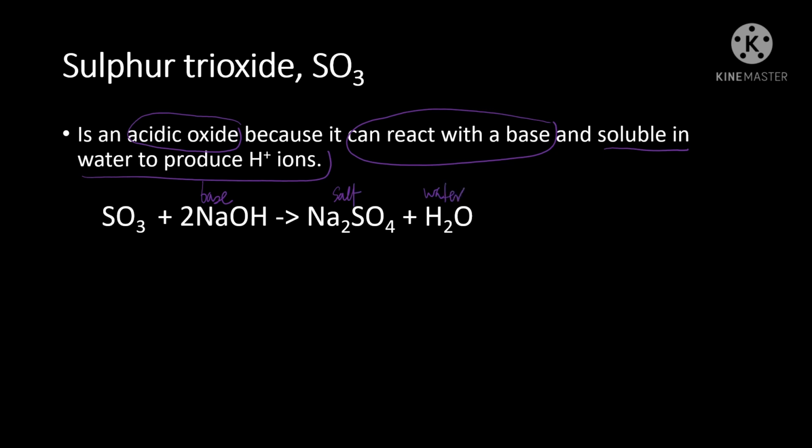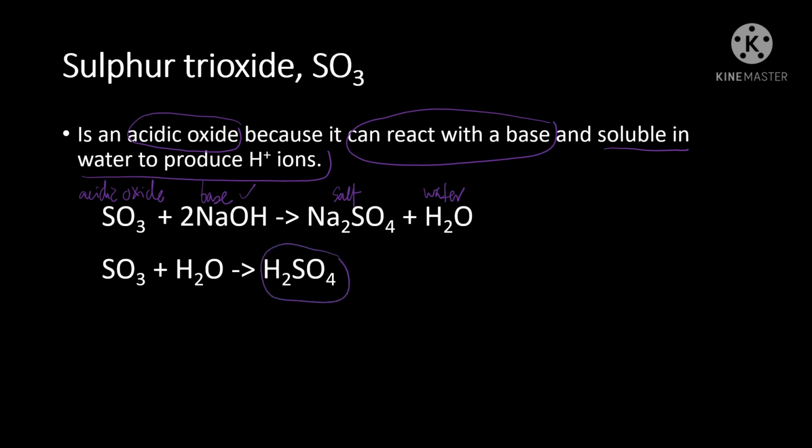As it can react with the sodium hydroxide base, it implies that sulfur trioxide SO3 is an acidic oxide. Sulfur trioxide is also soluble in water to produce an acidic solution which consists of hydrogen ions. The acidic solution that is produced is sulfuric acid solution.